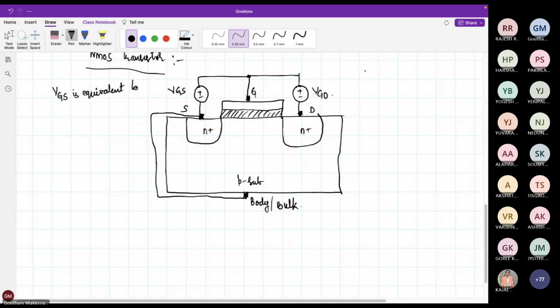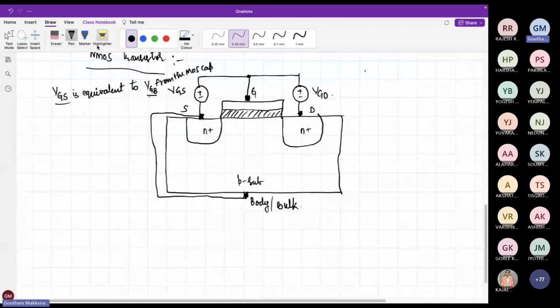VGB, yes, exactly. So electrically equivalent, right? Source is directly connected to bulk. So can I say that VGS is equivalent to VGB from the MOS capacitor? Yes. And then there is another voltage called VGD.